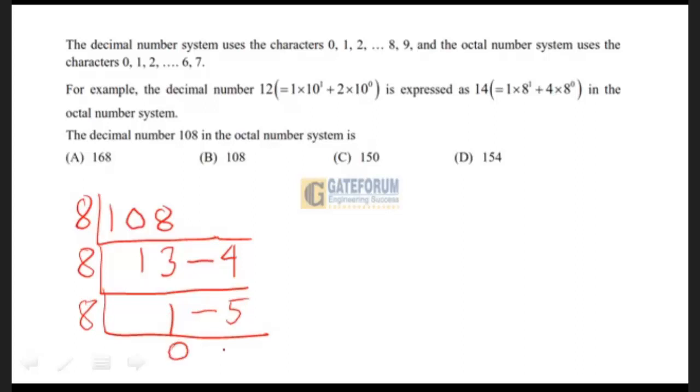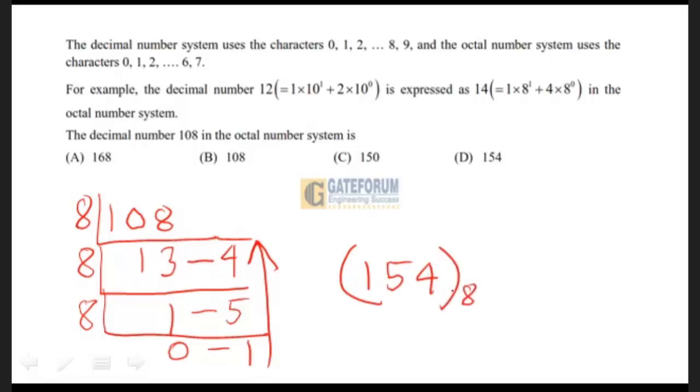So it's 0 and the remainder is 1. So obviously the reverse of this is our number in the octal system, that is this. So 108 in the decimal is 154 in the octal system. So it's option number D. Okay.